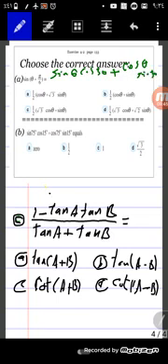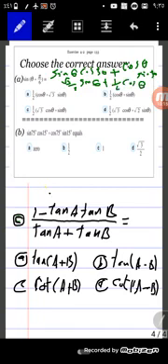Now we can calculate cosine 30 equals root 3 over 2. Root 3 over 2 sine theta plus sine 30 equals half cosine theta.